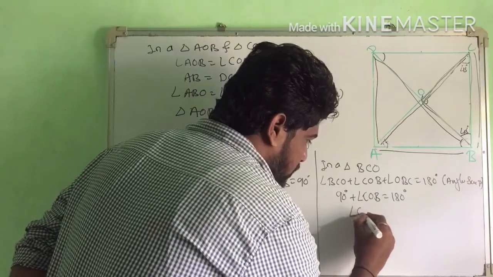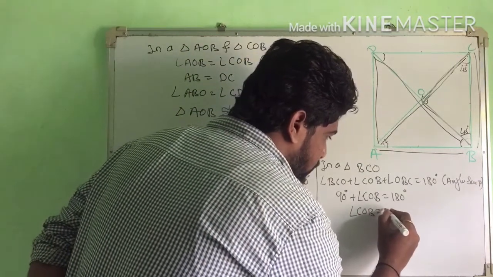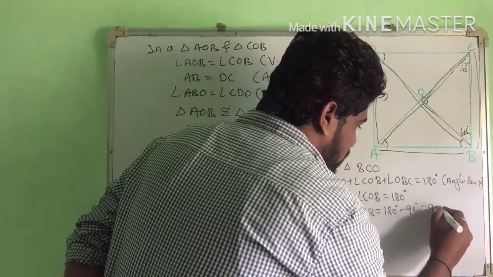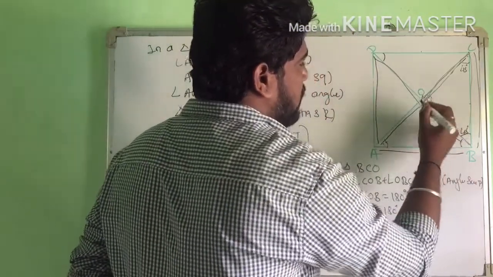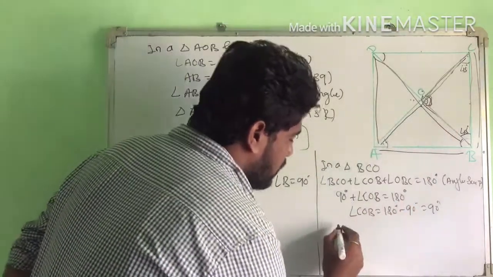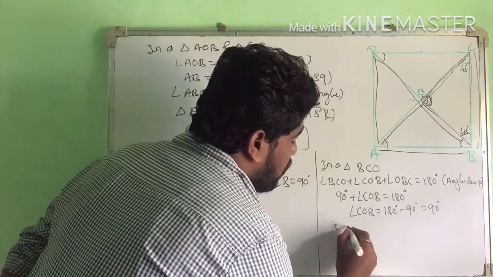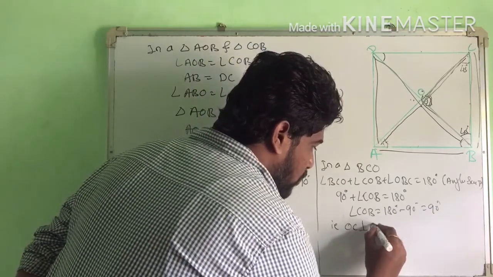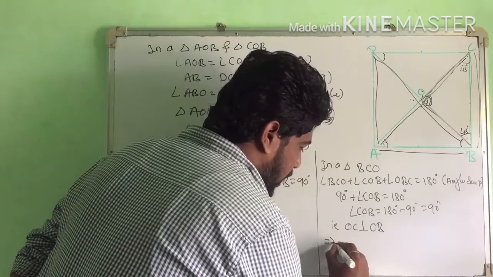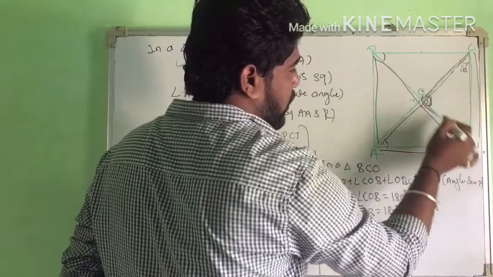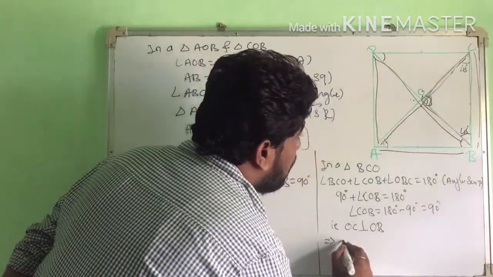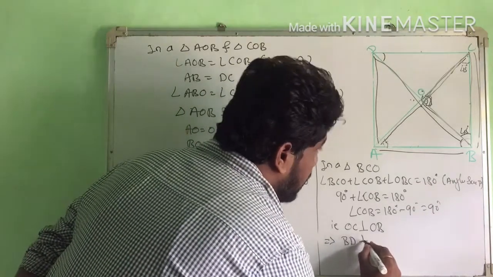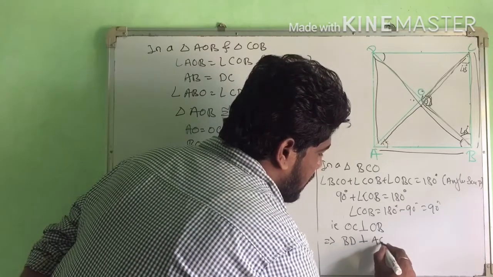So it becomes angle COB is equal to 180 minus 90. We got 90. So this angle is 90, which means OC is perpendicular to OB. So we can write BD is perpendicular to AC.